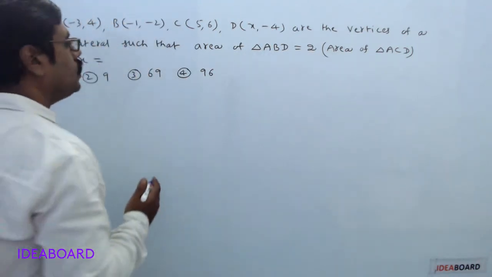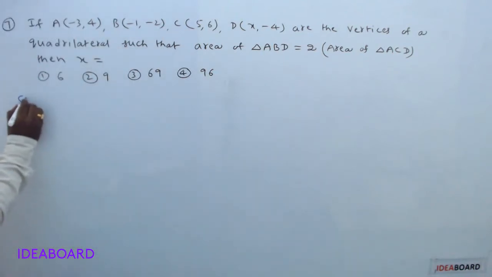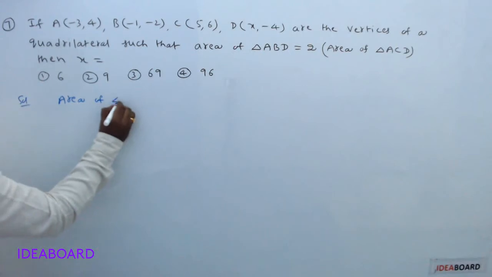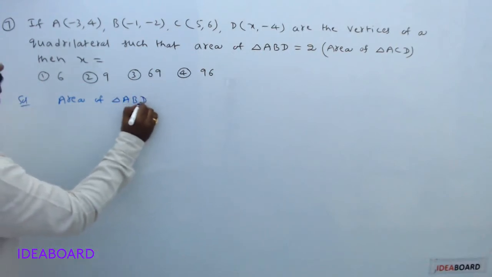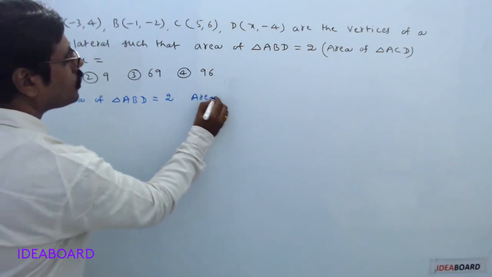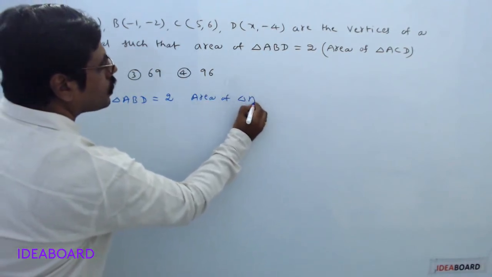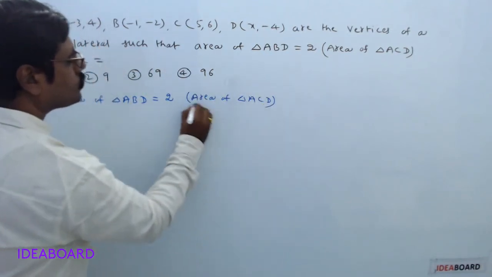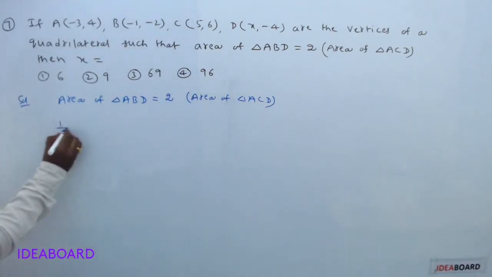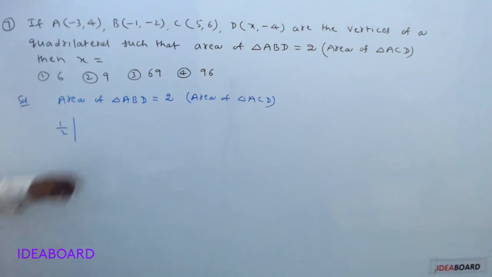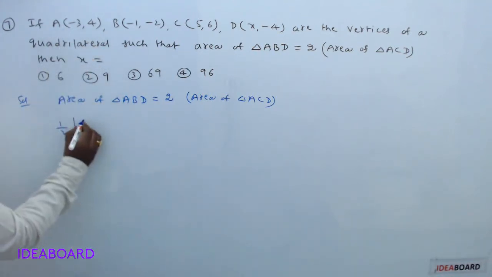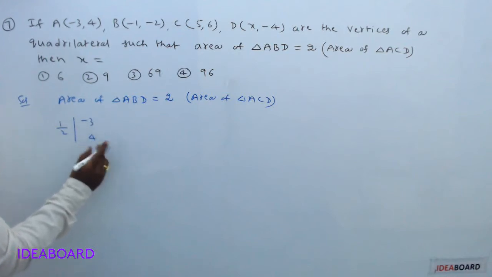First write down the given condition. Area of triangle ABD equals to 2 into area of triangle ACD. Now area of triangle ABD is half modulus of, first point is A. What are its coordinates? Minus 3, 4.